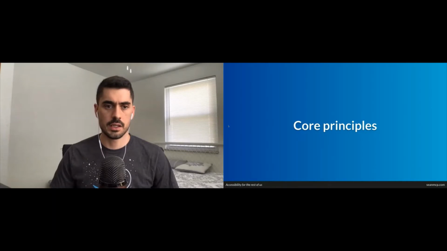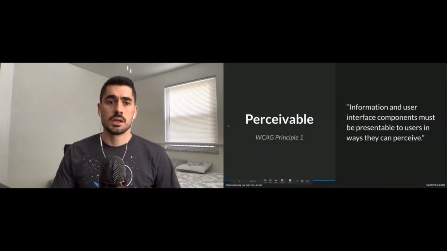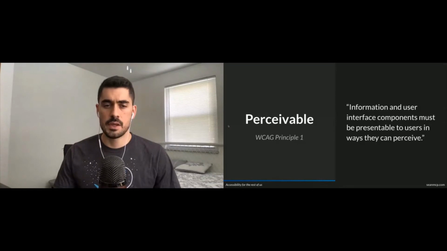The first being perceivable. And this quote is from the WCAG. Information and user interface components must be presentable to users in ways they can perceive. I want you to think for a moment, how do you perceive an application or website? For me, perception is visual. I see the images, text, and buttons that are presented.